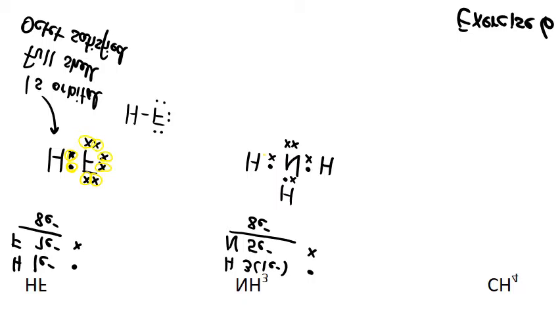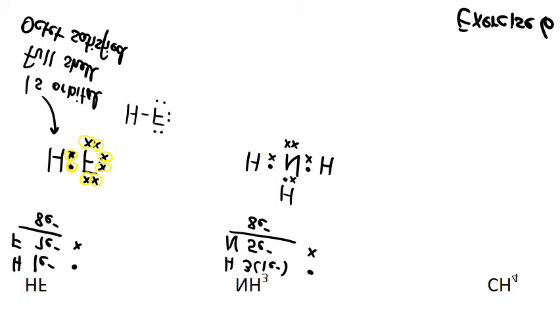Those 6 electrons need to stay with the atom that they came to the molecule with. So those 6 electrons belong to fluorine, and I'm going to add those electrons to the fluorine atom. There's 1, 2, 3, and then 4, 5, and 6. There are my 6 electrons for fluorine.